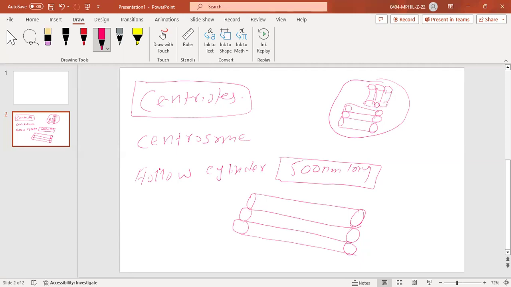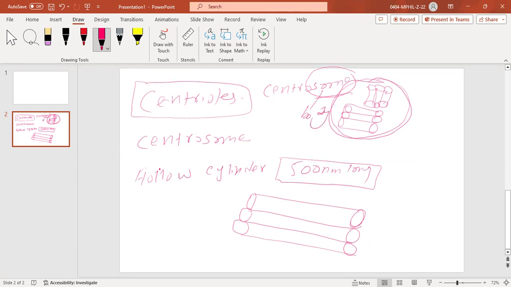So this whole structure in which these 2 triplets of microtubules are present, this is what we call centrosome. Centrosome is actually, 'some' is a body, the term 'some' that we commonly use for body. So it is a centrosome. Are you getting this point?